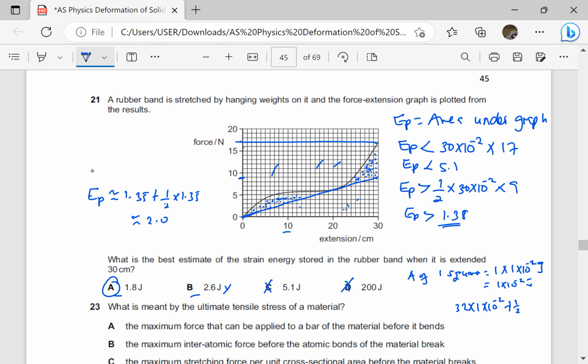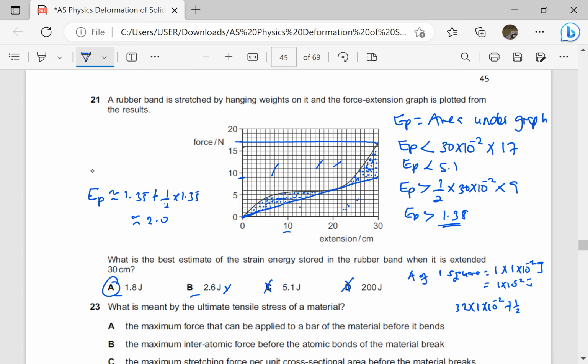I'll count the number of half squares. So this is 1, 2, 3, and so on, up to 51.